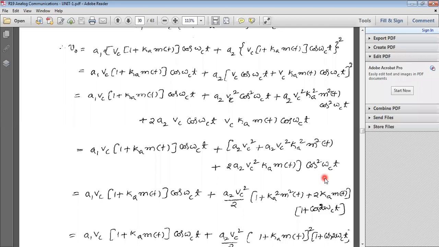Already you know cos square theta equal to 1 plus cos 2 theta by 2. So write cos square omega Ct as 1 plus cos 2 omega Ct by 2.